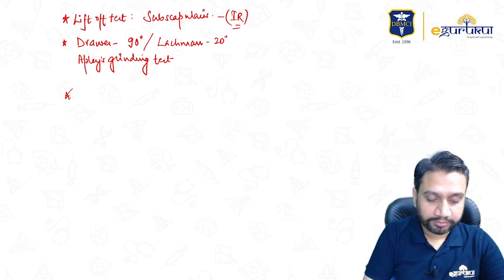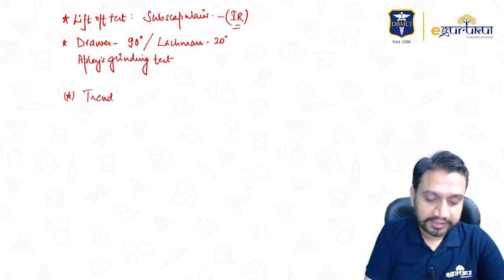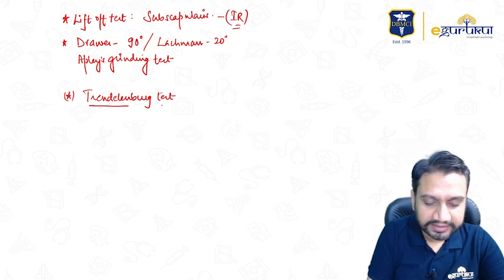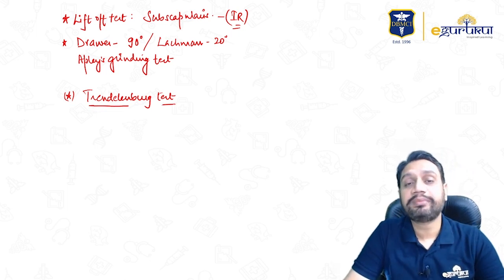Another one which I want you to remember is a test which is done to assess the integrity of the abductor mechanism of the pelvic area. That is the Trendelenburg test. So why do we do the Trendelenburg test? To check for the patency of the abductor mechanism.